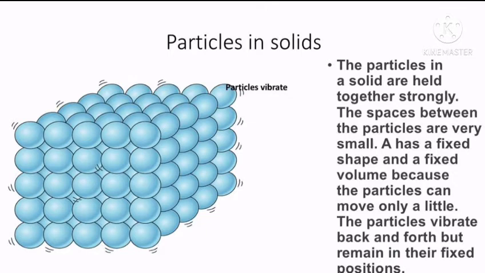The spaces between the particles are very small. It has a fixed shape and fixed volume because the particles can move only a little. The particles vibrate back and forth but remain in their fixed positions. And the particles, you can see in the picture, vibrate and have a fixed shape and fixed volume.